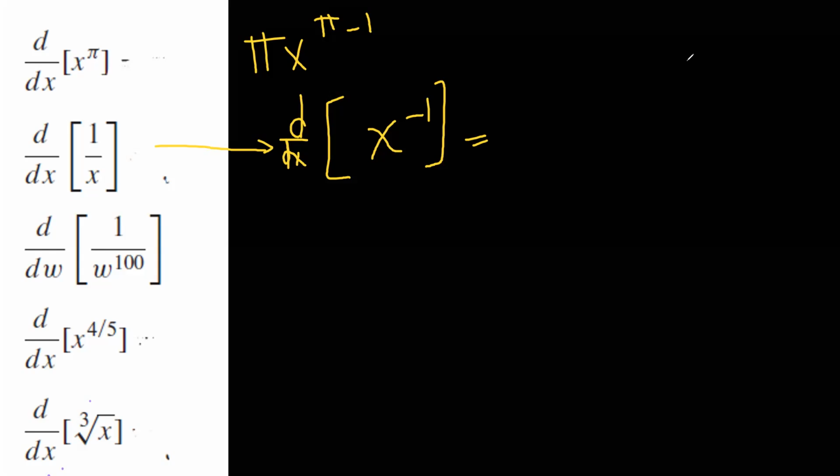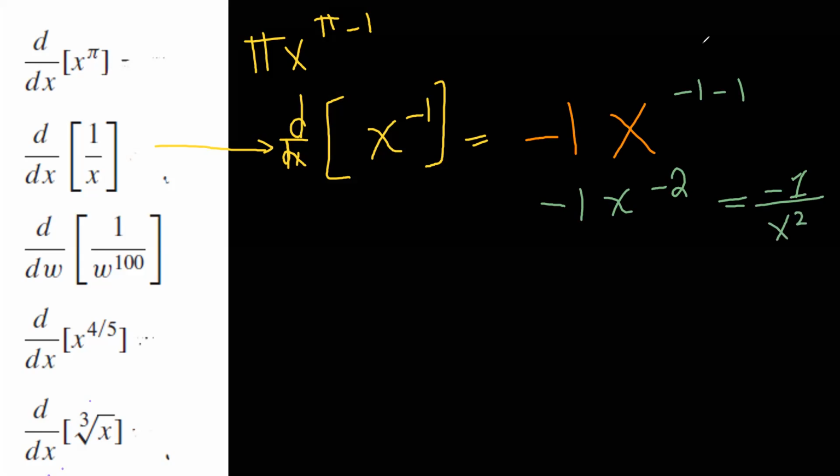Then, what is the derivative of x raised to the power negative 1? Negative 1 times x raised to the power negative 1 minus 1, which is negative 2. So it has to be negative 1 x raised to the power negative 2, or negative 1 over x squared.